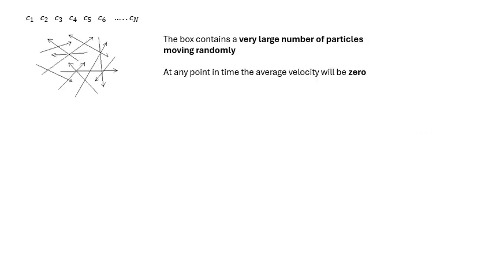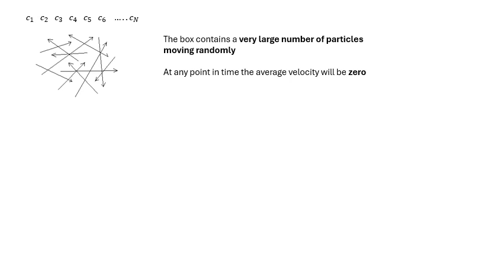Okay, so we're not going to be using u, we're going to be using c. Now c is the velocity of a particle, and there are lots and lots of particles, so c1, c2, c3, c4, all the way up to cN.